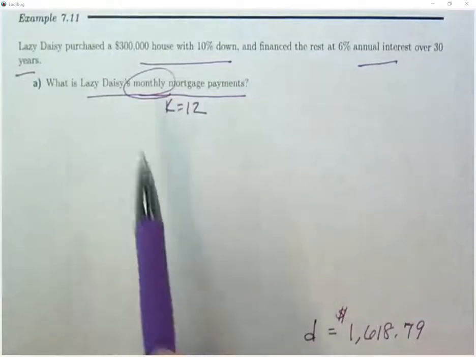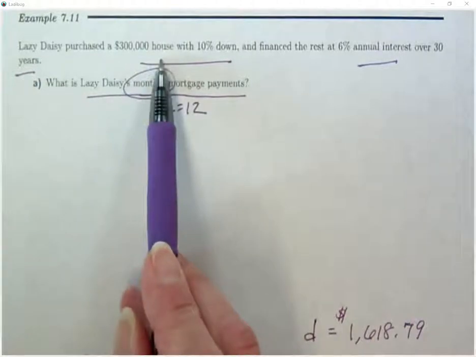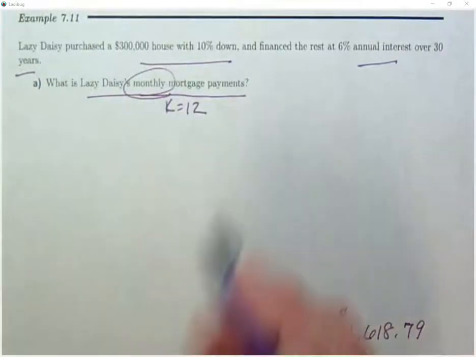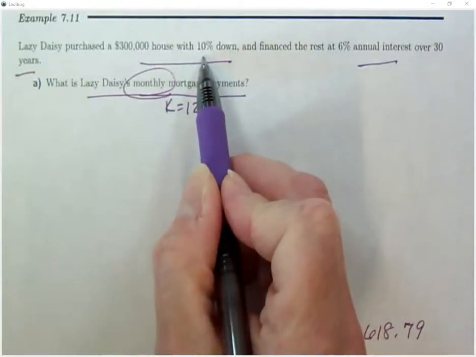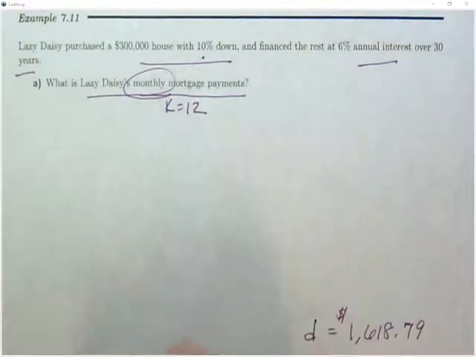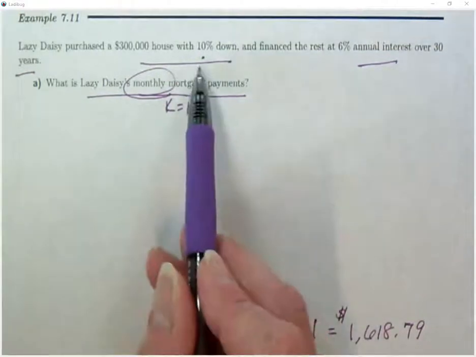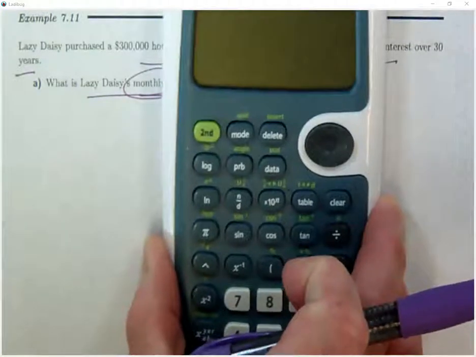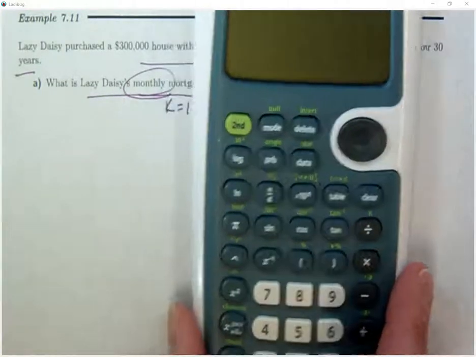Okay, so here's this problem with Lazy Daisy, $300,000 house, and she's putting 10% down. So we want to figure out what she actually is taking the mortgage out on. So if she is putting 10% down, then that means the loan is actually only on 90%.